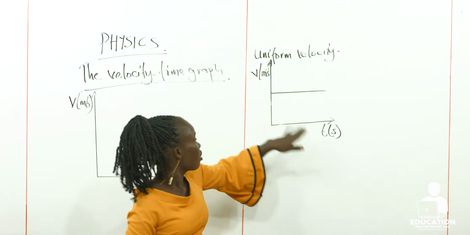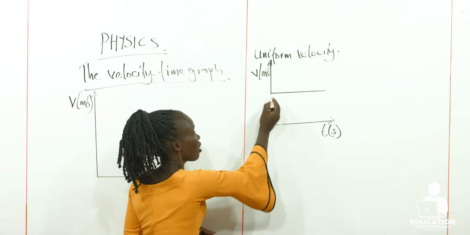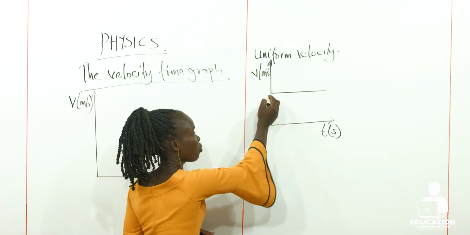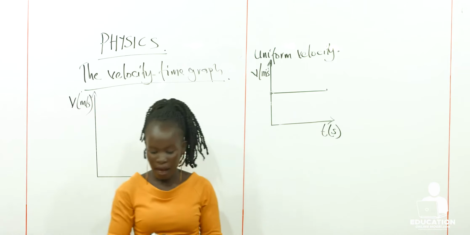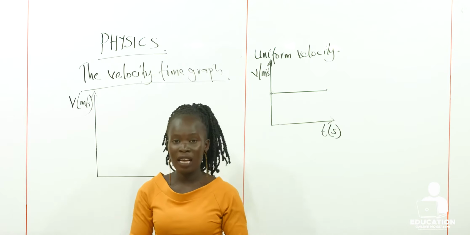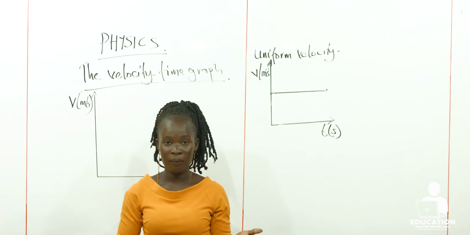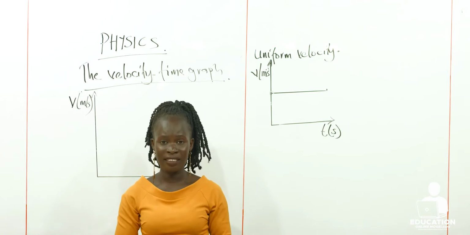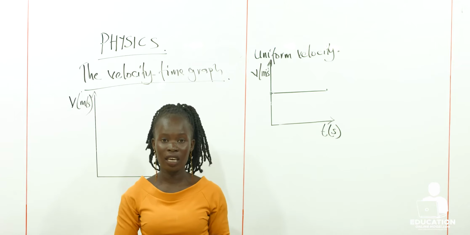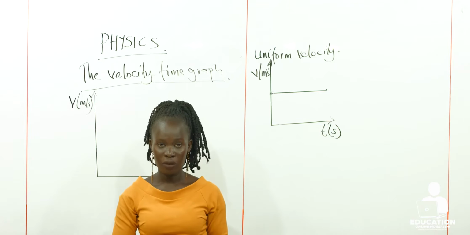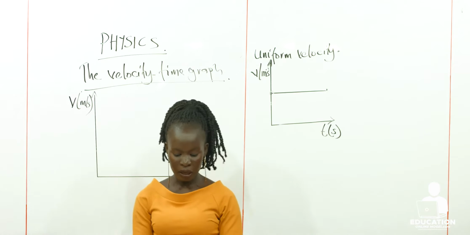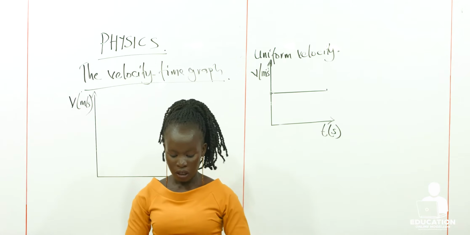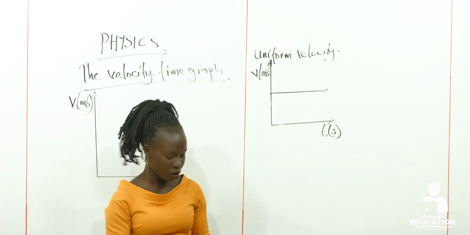So this velocity right here, which is the initial, will be equal to this one here at that point. That means the body is covering equal distances in equal time intervals. That is with the uniform velocity. So we have another graph of uniform acceleration.